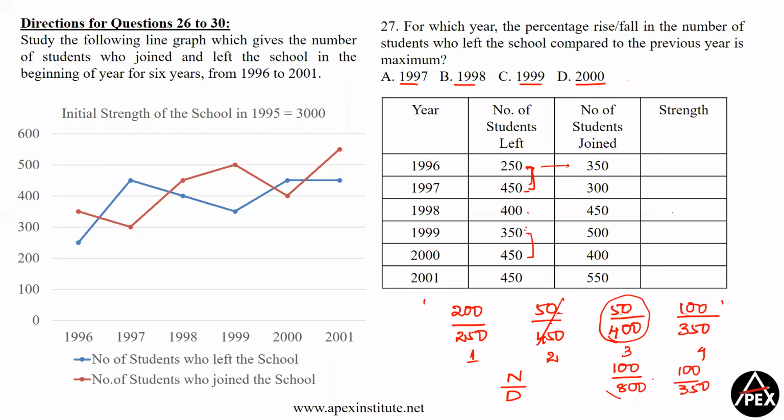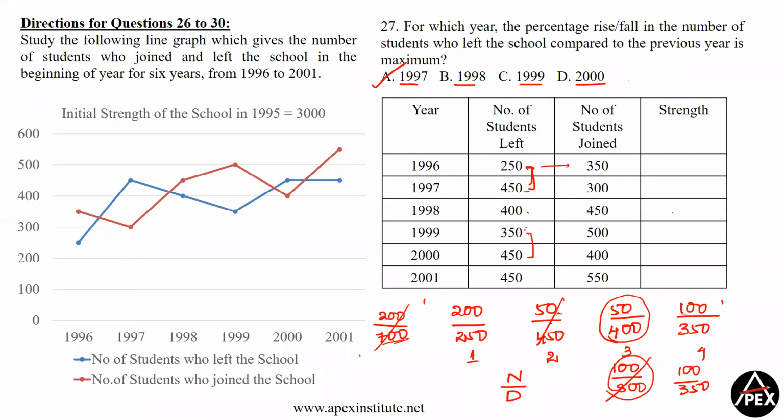Obviously 100 by 800 will be less, so eliminate that. Now compare 200 by 250 and 100 by 350. Multiply the second by 2, both numerator and denominator, and you get 200 by 700. Here the new denominator is larger, so this will be less. So the answer for this question should be 1997.